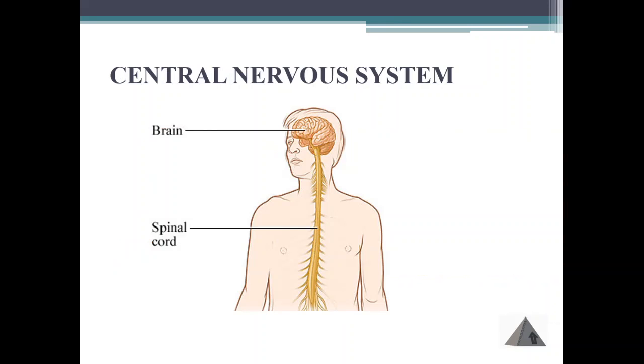Now coming to the central nervous system. This is the brain and spinal cord, which combined we call the central nervous system. The complete nervous system involves the peripheral nervous system and the autonomic nervous system. Autonomic means autonomous. It is controlled by the brain, but it also supplies all the viscera of the body.